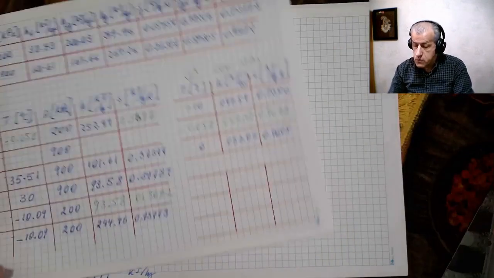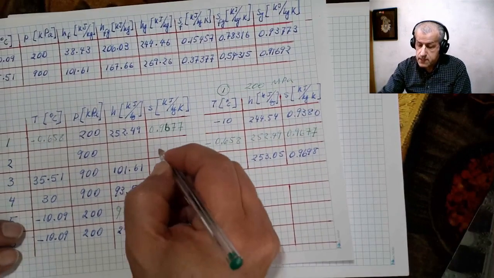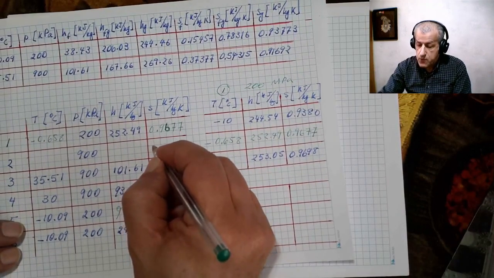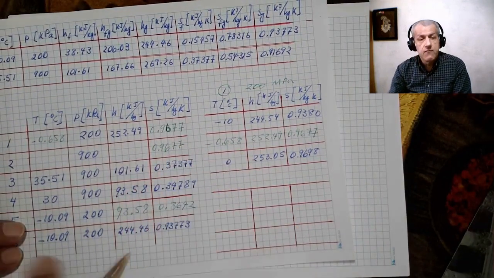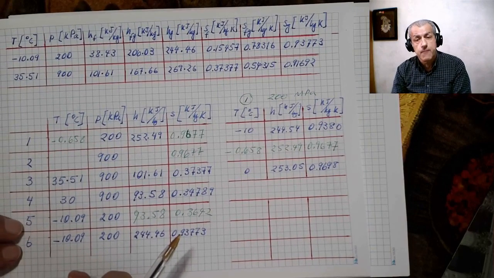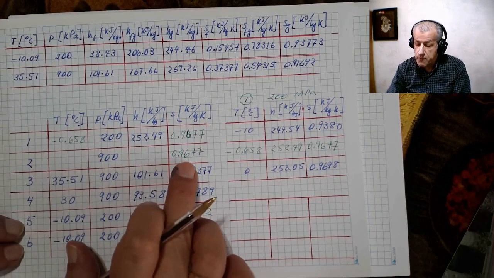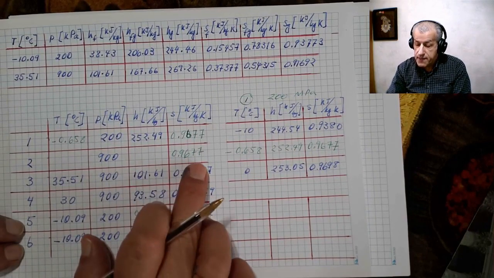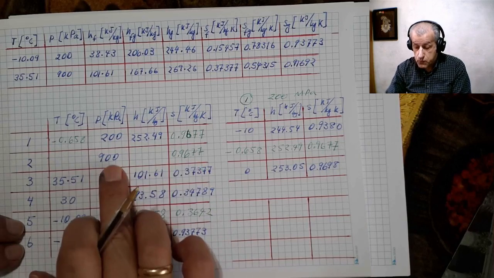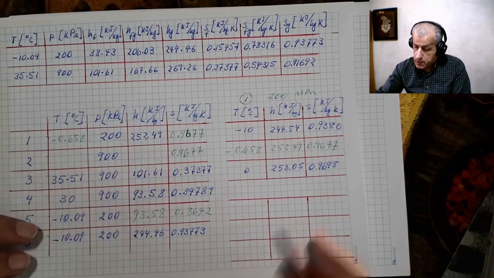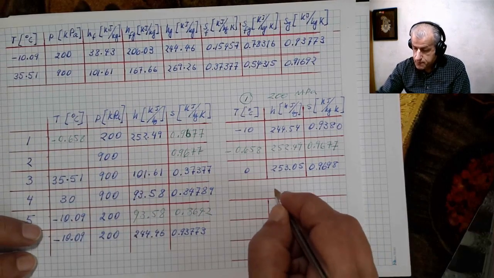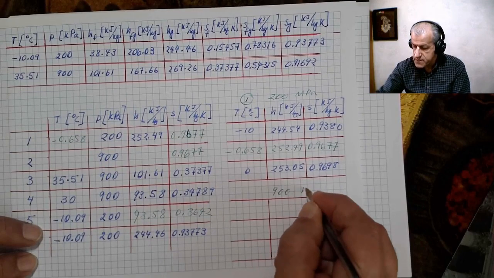And what we do is just insert this value, 0.9677, for the entropy at point 2. Now we know two pieces of information for point 2: the entropy and the pressure. The pressure is 900 kilopascals.